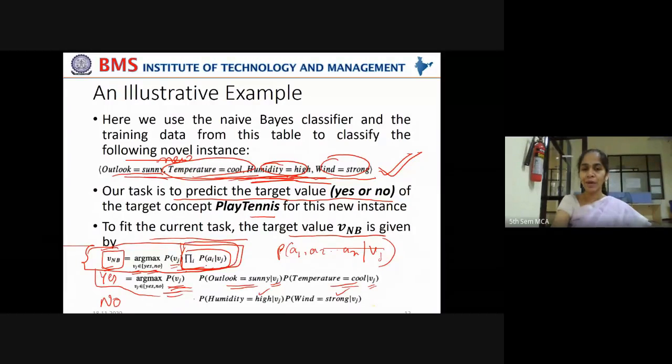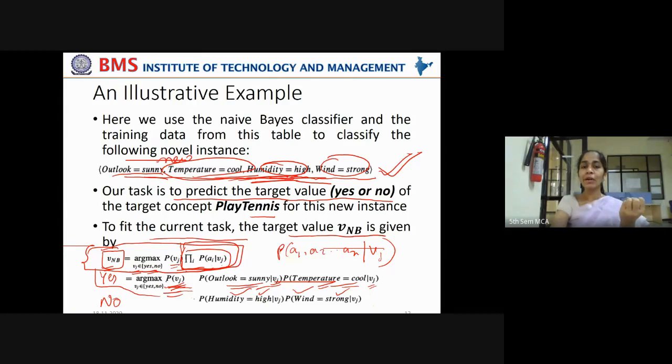Each of the attribute values given the target label means observing each of these attribute values given the target label. What is its probability? That you are trying to find out. So how many probabilities in total do you have to calculate? Probability of yes is 1, probability of outlook equal to sunny given Vj is 2, this is 3, this is 4, this is 5.